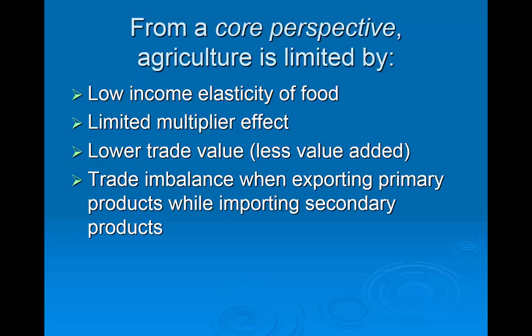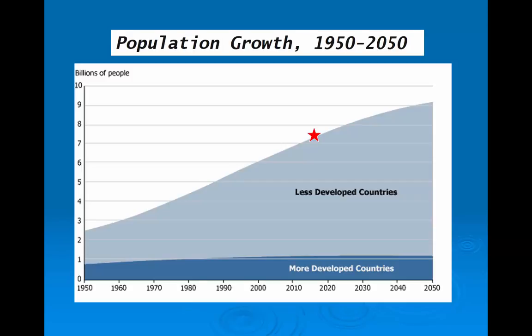That said, it's almost certain the world's population will continue to rise past the 7+ billion we have today. Your text suggests we'll hit 9 billion by 2050. It's equally certain that most of this growth is going to take place in less developed countries.